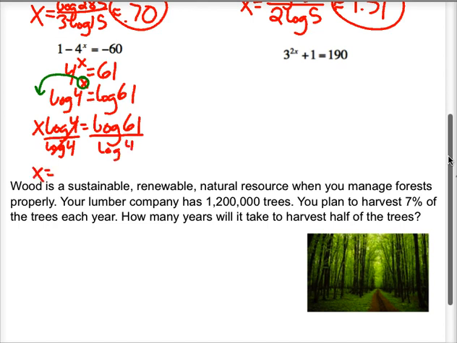So my x equals log of 61 divided by log of 4. And that's something I can just type into my calculator. Log 61 divided by log of 4. That gives me about 2.97.